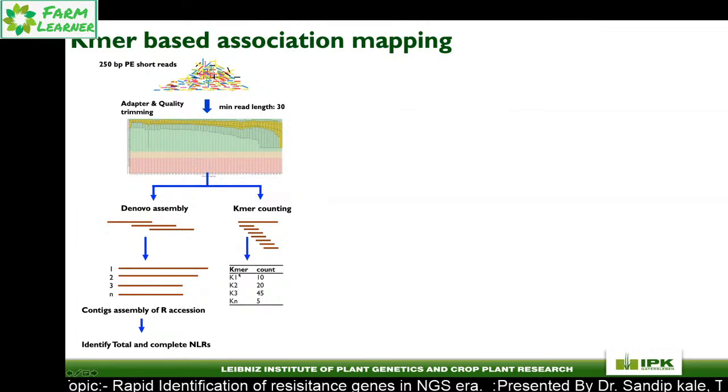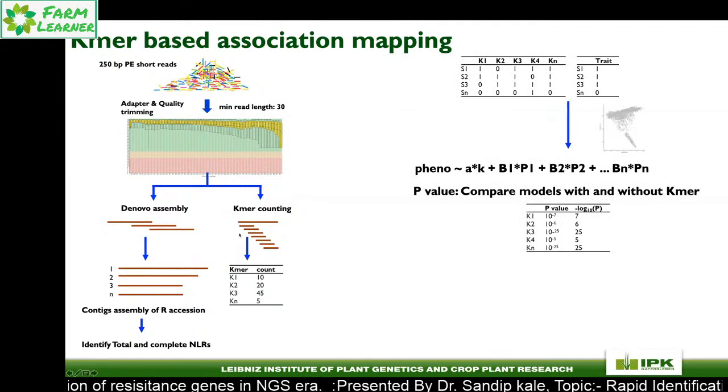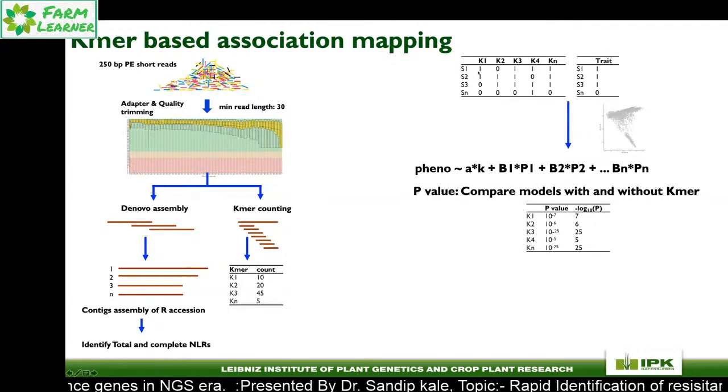This is nothing but the different k-mers and how many times each particular k-mer has occurred in your sample. Then you repeat this k-mer counting process for all the samples, and you check in which sample this particular k-mer is present.